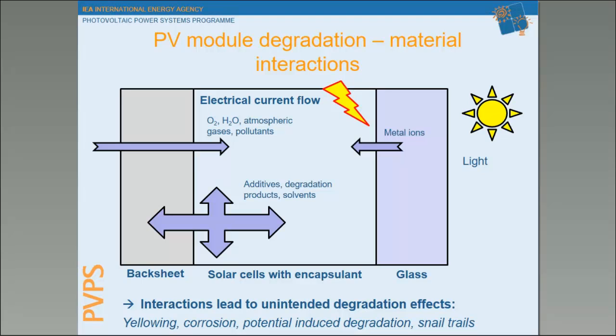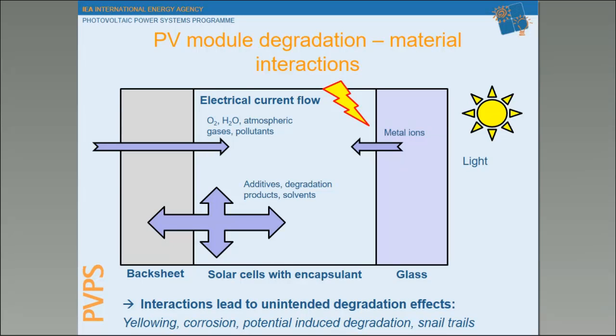So what happens when a PV module shows degradation? This is just a schematic graphic of a PV module, with the glass in front, the backsheet, and then the solar cell with the encapsulants. And this graphic shows you the material streams and energy streams within a PV module during service life.